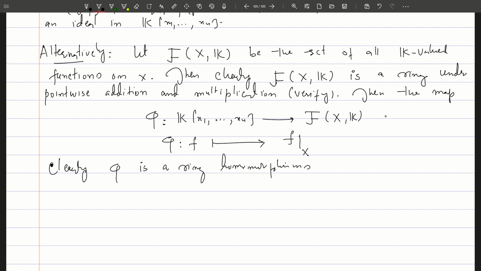So one can note that the kernel of this ring homomorphism phi is nothing but I(X). So observe that the kernel of phi is actually the ideal of X, which is therefore an ideal.